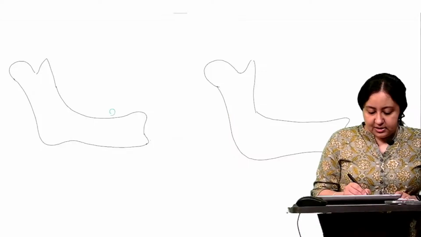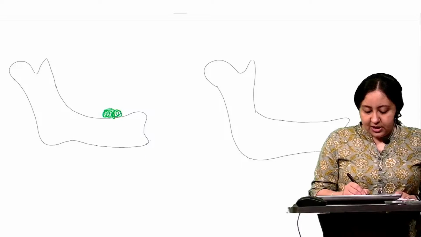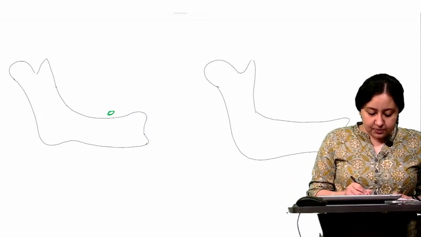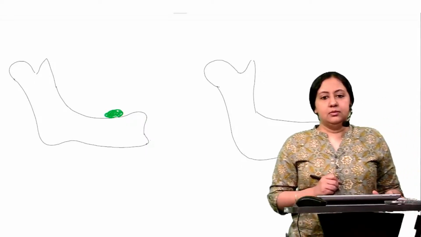Now let's say this green part is a soft tissue malignancy. There is a soft tissue malignancy here. Fine.